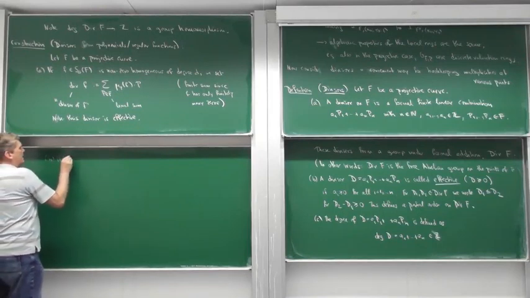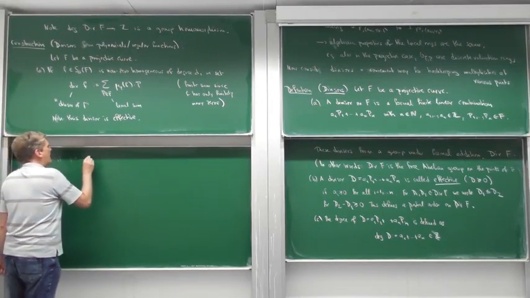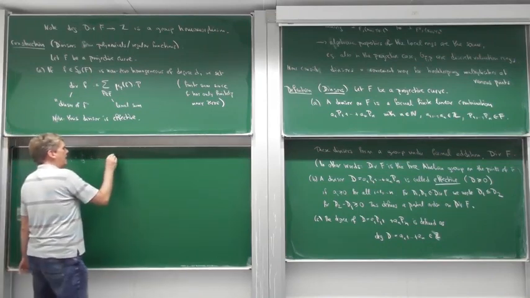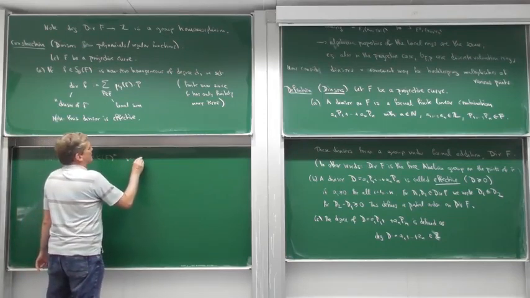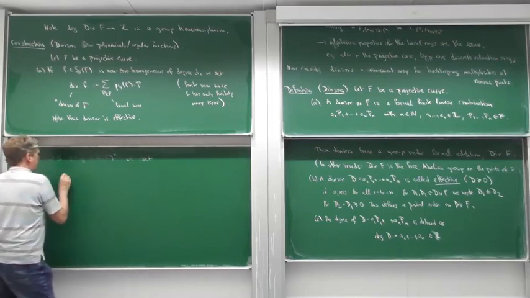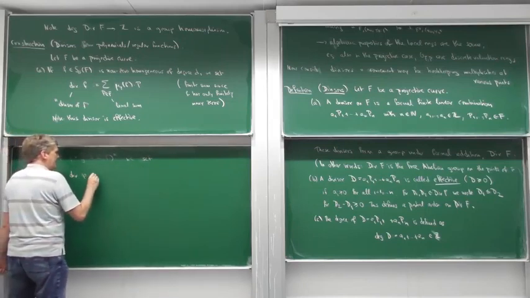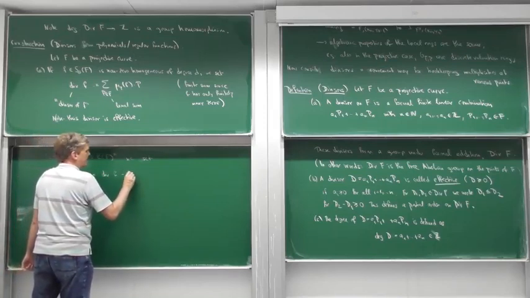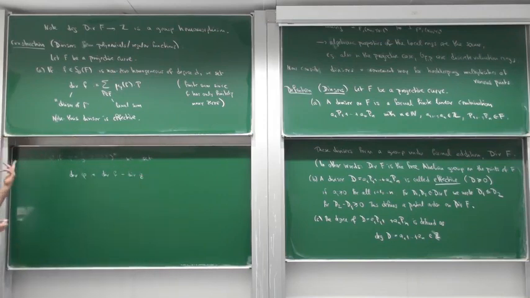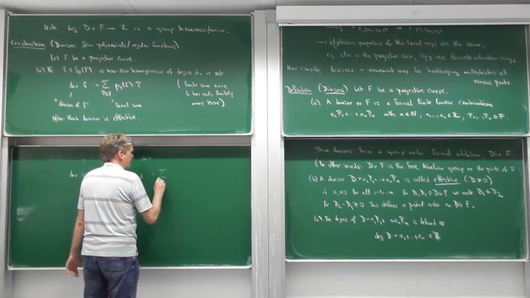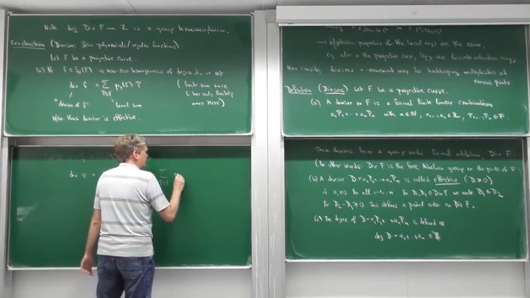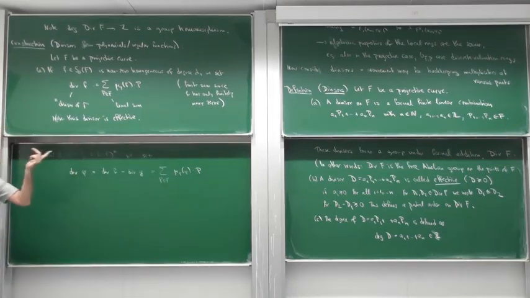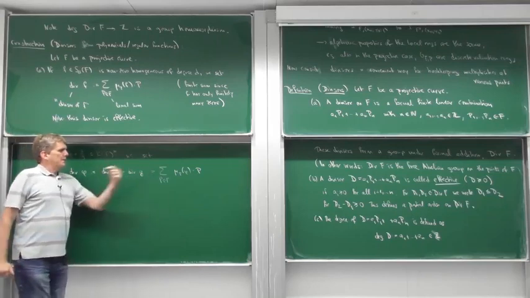So b, if φ, which we can write as f over g, is a rational function and not the zero function, so in K(F)*, with the same notation we would write div φ, and that's defined as, again, the formal difference, so divisor of f minus the divisor of g. Or another way of saying this is to say it's the sum, again, over all points p on F, and then we take the multiplicity of φ at the point p times p. So that's not effective in general anymore because there's a minus here, so we can have negative coefficients.